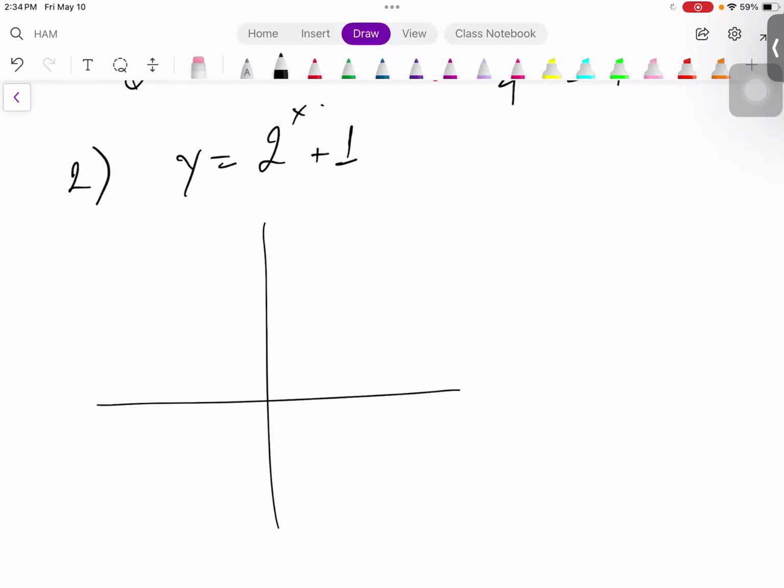Let's draw the HA, okay? What is 2 to the -1? It's outside. Oh, so that means we have 1/2 as well. Let's put it outside. Make sure you draw the HA, okay? Draw the line.